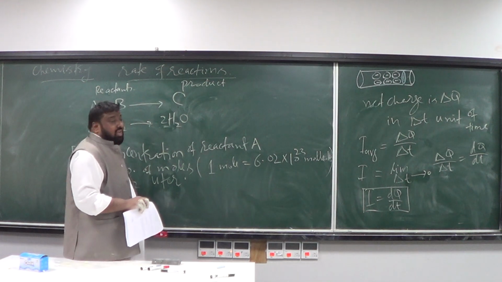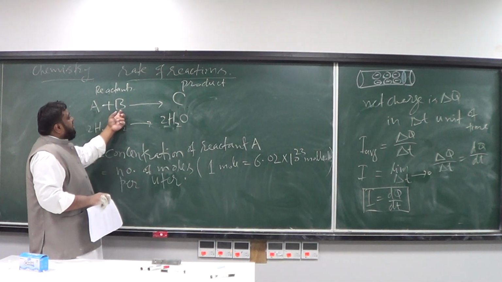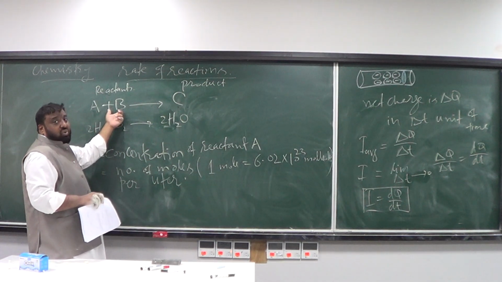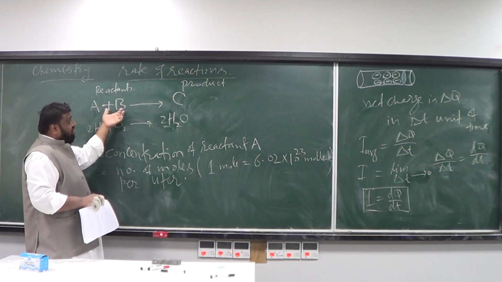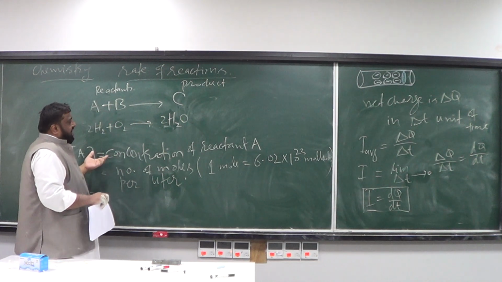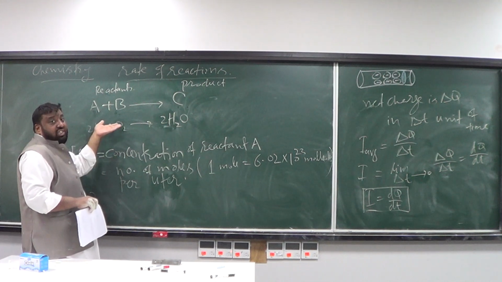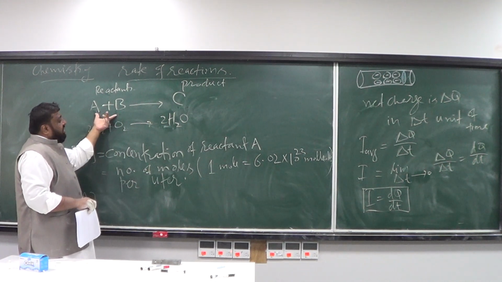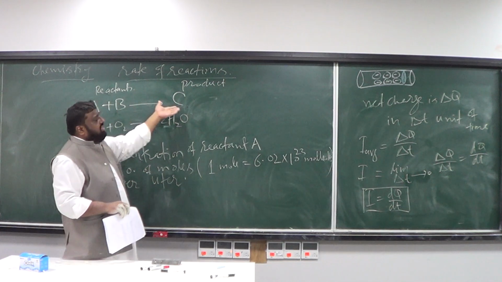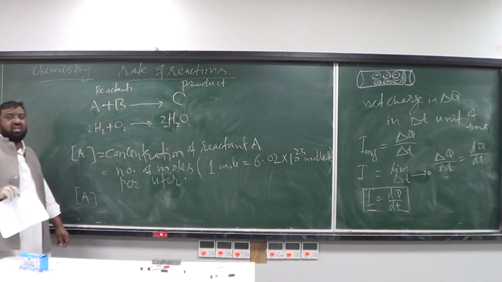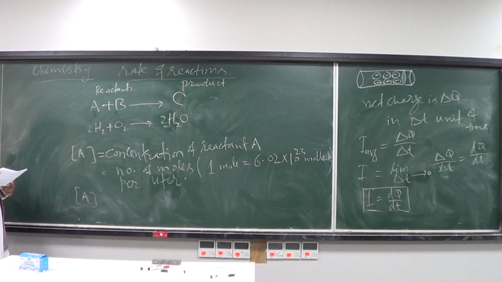Okay? The quantity, the number of moles over the time during the reaction, the concentration of A and B will decrease and the concentration of C will increase actually. Okay?